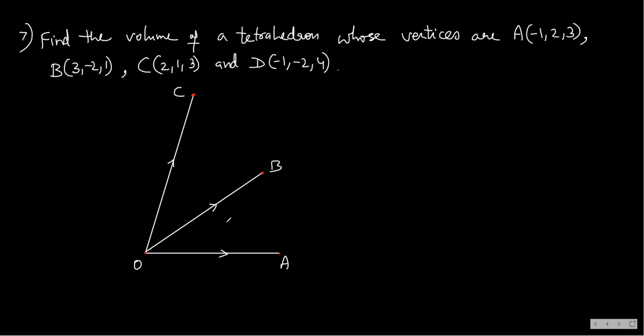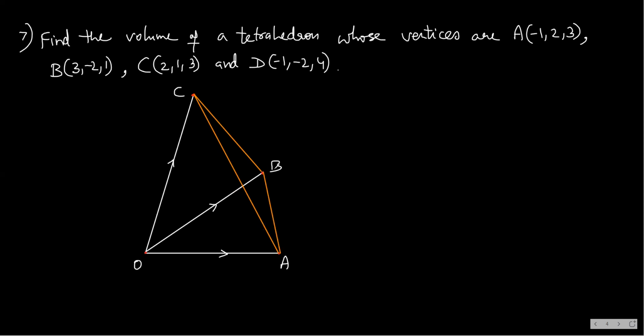What we are given is the coordinates of these vertices. We can always complete the tetrahedron. I will join this with this, then I'll join these two, and I'll join this. Now I have the tetrahedron.